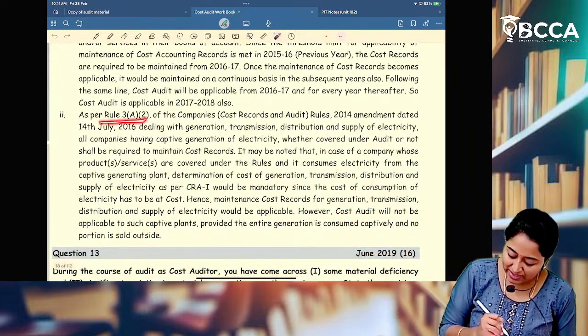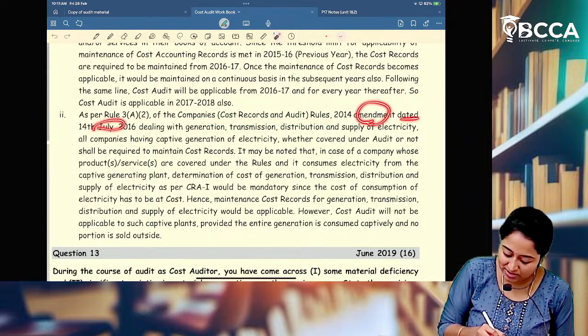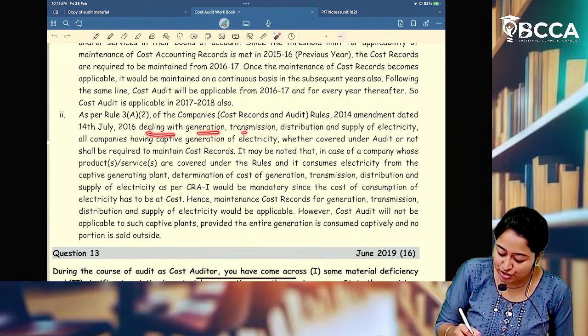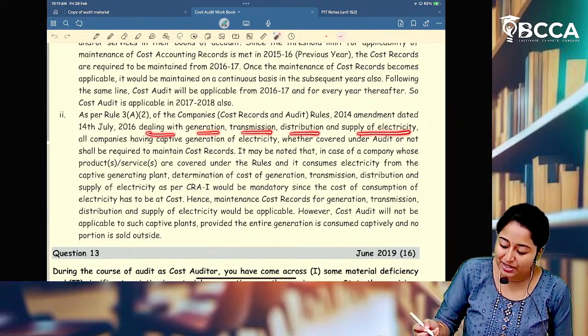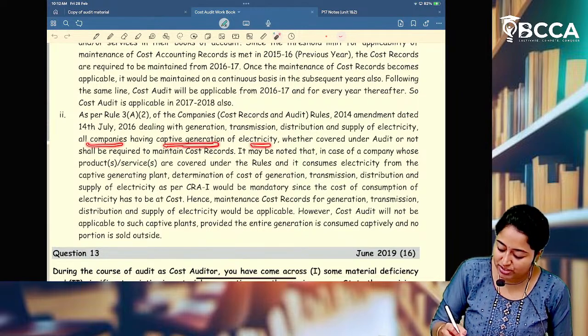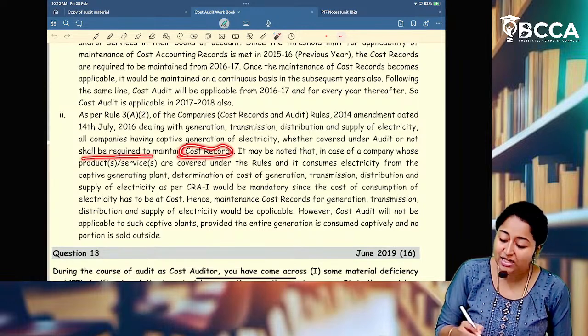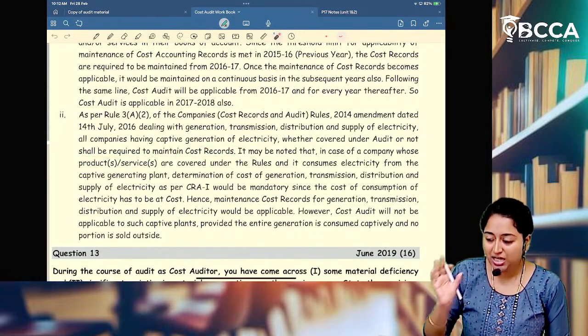As per Rule 3A2 of the Companies Cost Records and Audit Rules 2014, amendment dated, this is not required, dealing with generation, transmission, distribution and supply of electricity. All companies having captive generation of electricity, whether covered under audit or not, shall be required to maintain cost records if they meet the criteria.